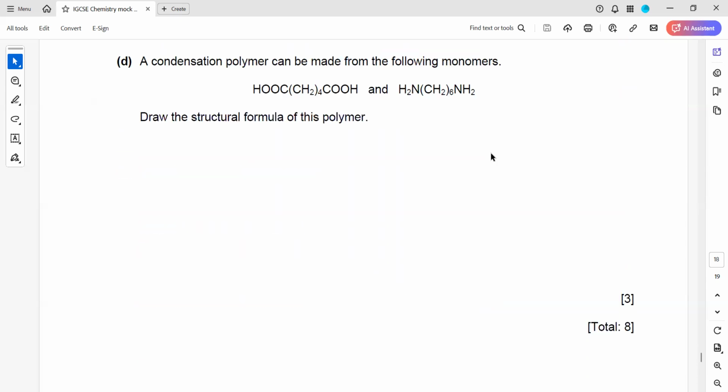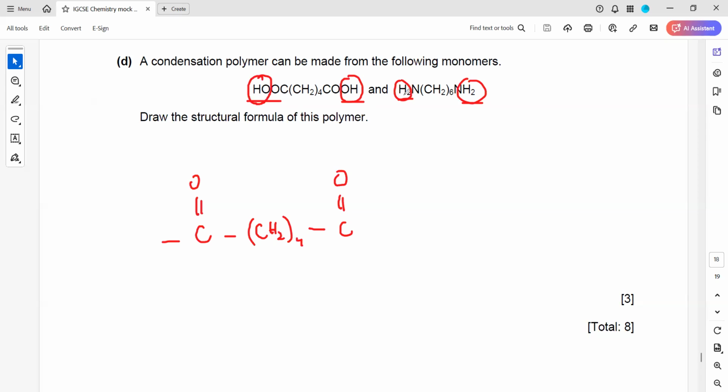Now here a condensation polymer can be made from the following. We have a dicarboxylic acid and a diamine. How to draw the structure of this polymer? On one side we remove OH for the carboxylic acid, and for the amine, we remove its H. So this will be C double bonded with O, then we have CH2 in a bracket 4, then C double bonded with O. And here one of the hydrogens is removed, so it will be NH.